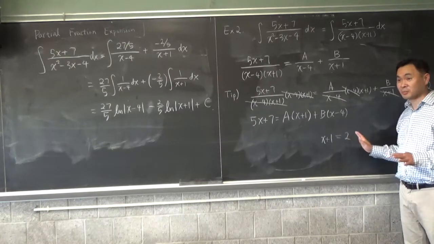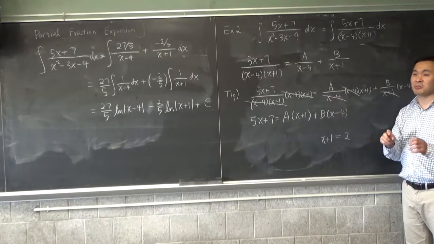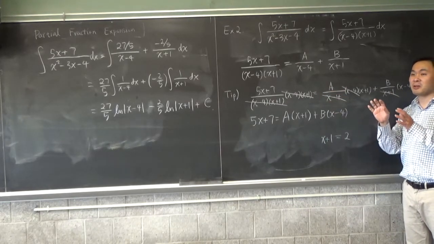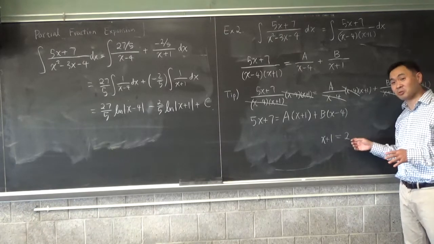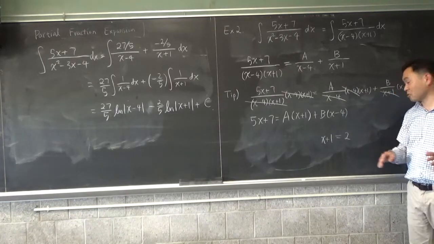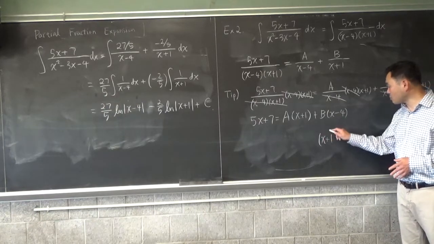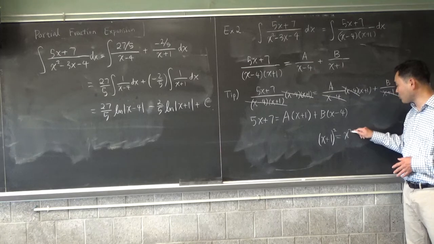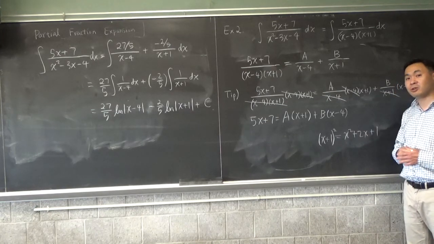Conditional equation. And usually when you're given an equation to solve, that means you're trying to find that one value of x or a few values of x that will make the equation hold. Those are conditional equalities. However, think about the following. If you have x plus 1 squared equals x squared plus 2x plus 1, is this always true?